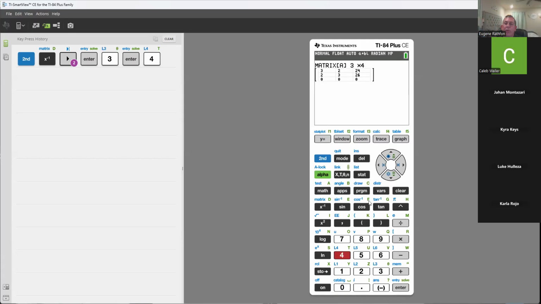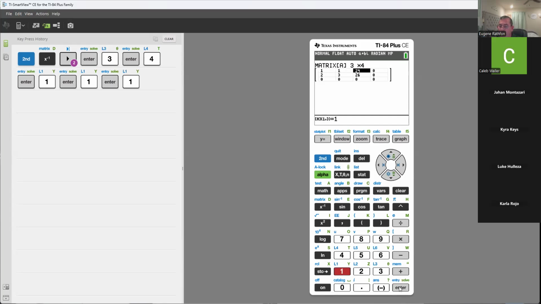So once you put in the 3 by 4 and hit enter, it's going to make 12 boxes for us to put our numbers in. All right, y'all, we had 1x, so 1 enter, 1y, 1 enter, 1z enter, equaled -11. And enter. So there's my first row.